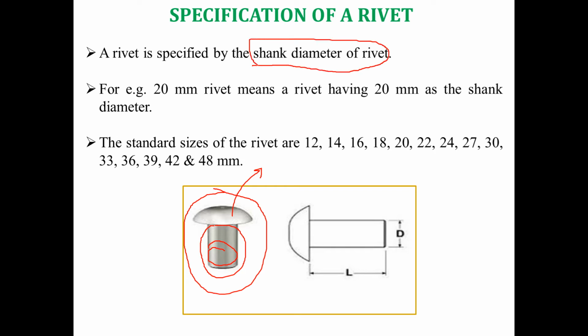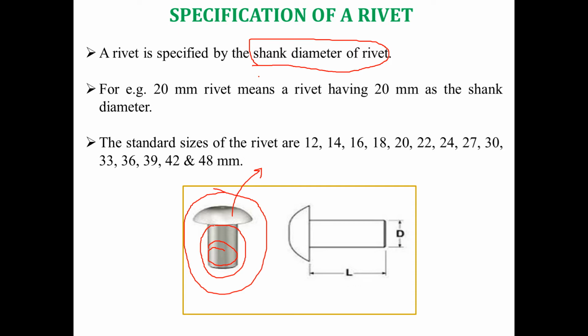That means if you are going to a shop and asking the shopkeeper that I want a rivet, then he will ask you, tell me which shank diameter of rivet you want. Then you have to tell him, yes, I want a 20 mm rivet. By this, the shopkeeper will give you a rivet whose shank diameter is 20 mm.